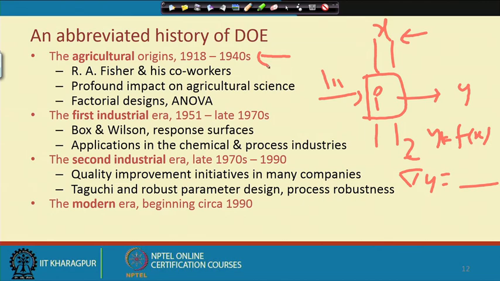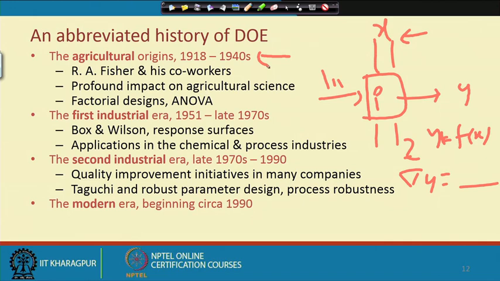There was a significant impact of designed experiments on the yield of agricultural fields. At that time factorial design and analysis of variance were extensively used, and many of these concepts were developed.